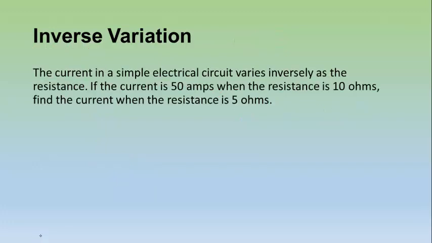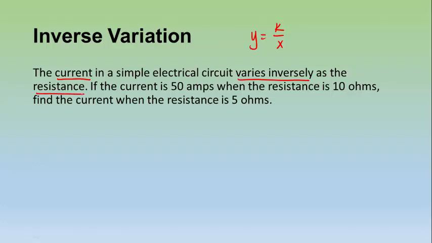Okay, so here's an application for using inverse variation. Again, we're still using inverse variation, but this time we're going to be using the variables that make sense for this particular situation. The current in a simple electrical circuit varies inversely as the resistance.